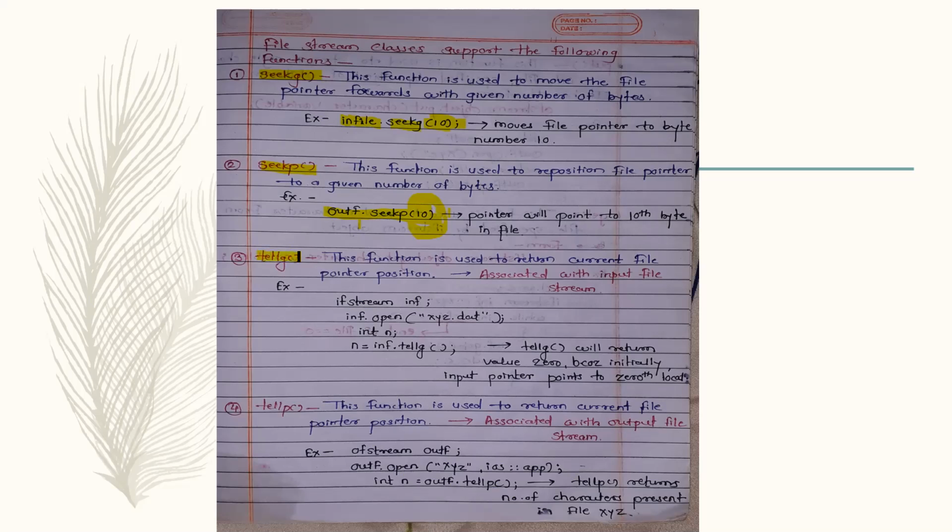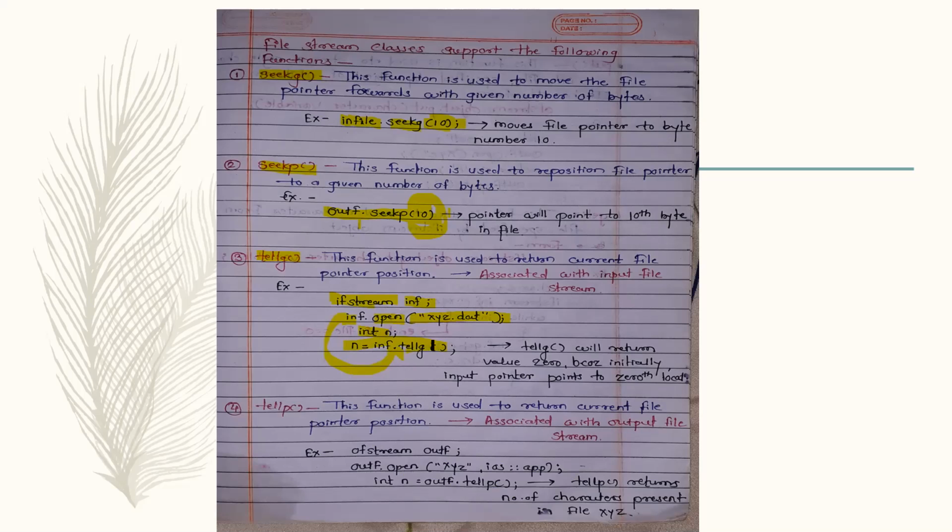Next function is tellg. This function is used to return the current file pointer position. For example, ifstream object created, object dot open file name, int n is equal to object of ifstream dot tellg.